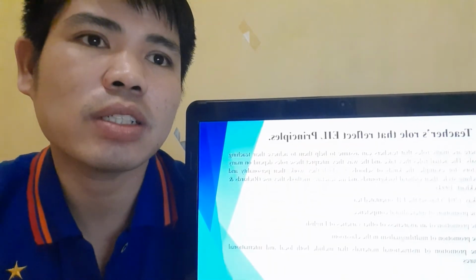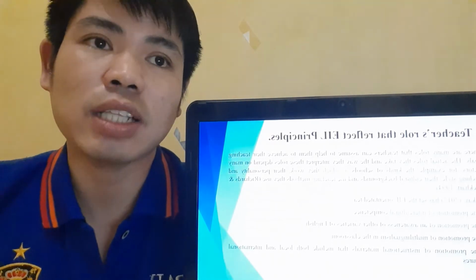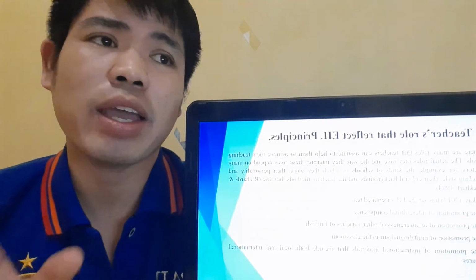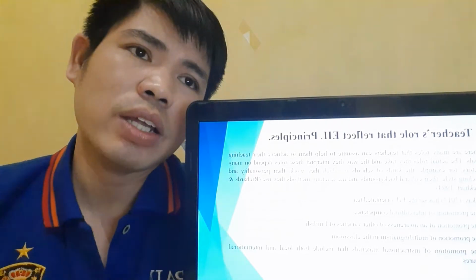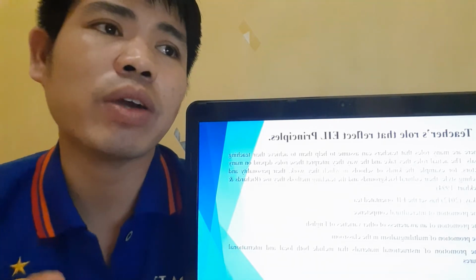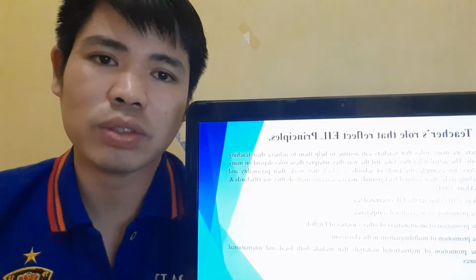So next, okay, let's move to the next slide. This slide is talking about the teacher roles that reflect EIL principles. There are many roles that teachers can assume to help them achieve their teaching goals.